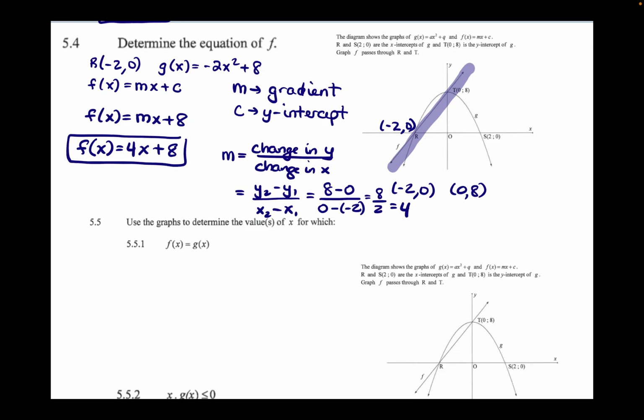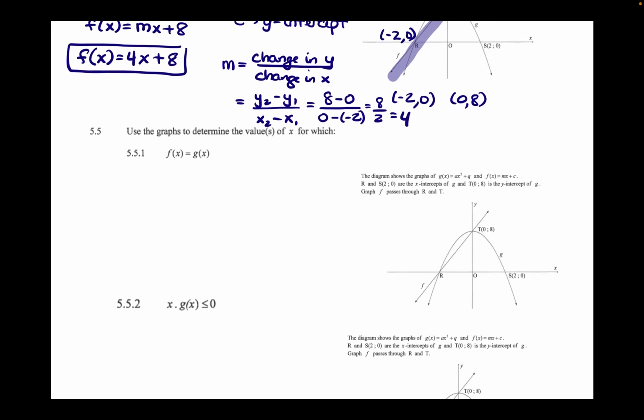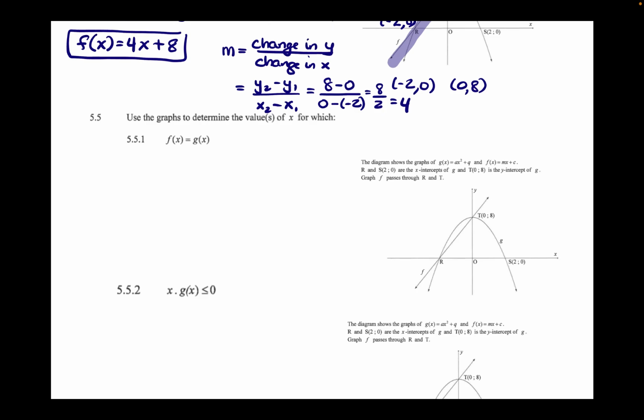Okay, use the graphs to determine the values of x for which f of x is equal to g of x. Well, if f of x is equal to g of x, that means the y values are equal. The y values for f and g.